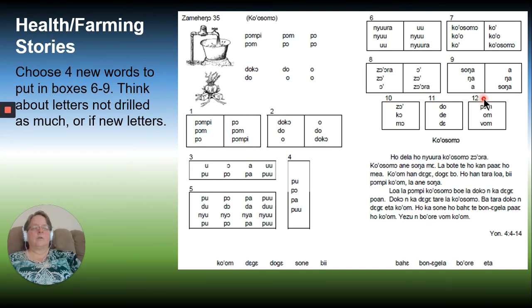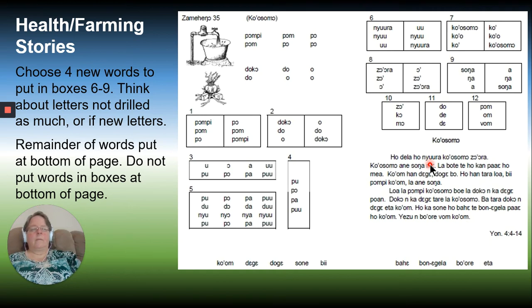Boxes 10, 11, and 12, same as we've been doing, in that you've got 3 syllables now in each box, and these will be syllables that are coming from the story. Then the remainder of the words, you're just going to put evenly spread across the bottom of the page.